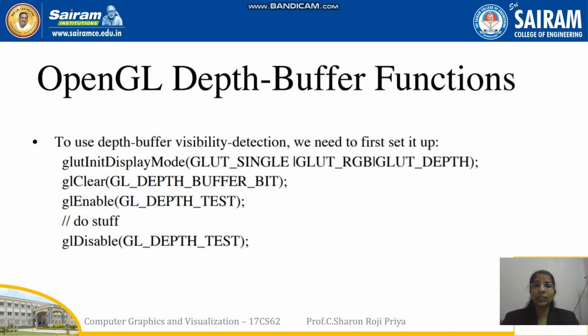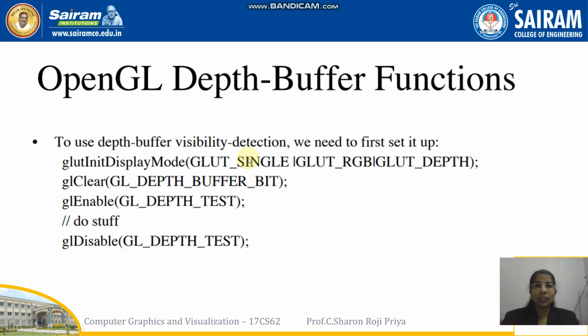Next is OpenGL depth buffer functions, right? If you want to use the depth buffer inside your main, you have a function known as glutInitDisplayMode. In this function you have to request your depth buffer. That is, one of the parameters will be GLUT_DEPTH. The meaning is you are requesting your depth buffer.